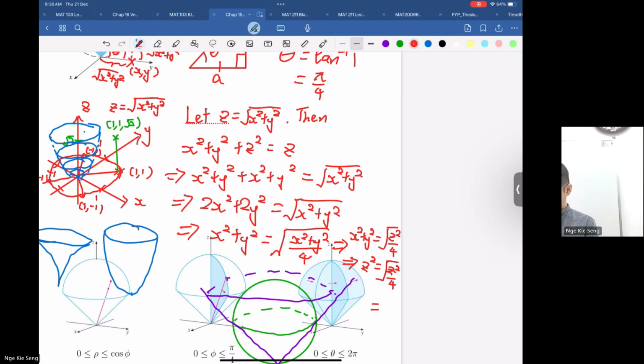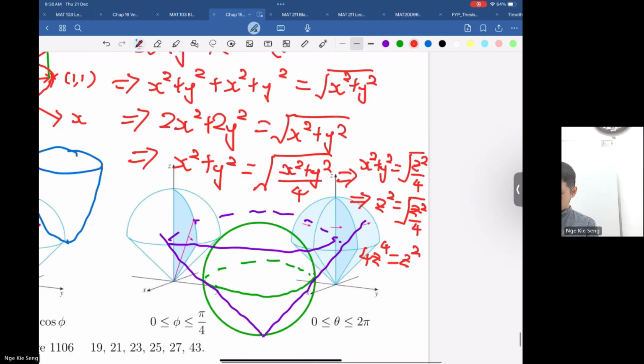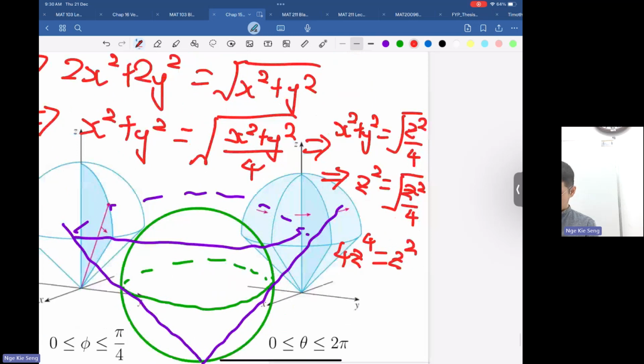So can we see this easily or not? z to the 4 equals z squared, right? Then for z squared, 2z squared minus 1 equals 0.